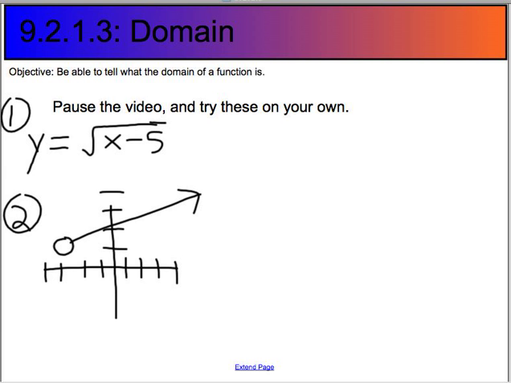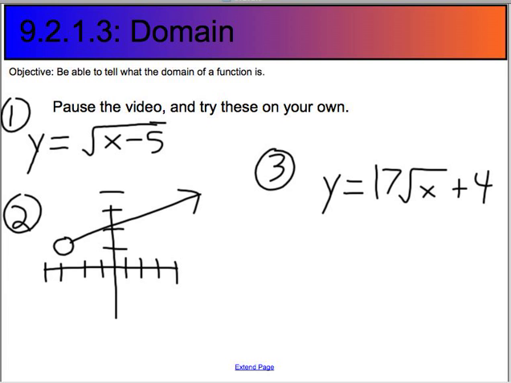It goes up to it, but doesn't reach that. And the last one, number 3, is 17 times the square root of x plus 4. What is the domain of that? So go ahead and pause the video and try this on your own. And once you've finished and have some guesses for your answer, go ahead and press play again.